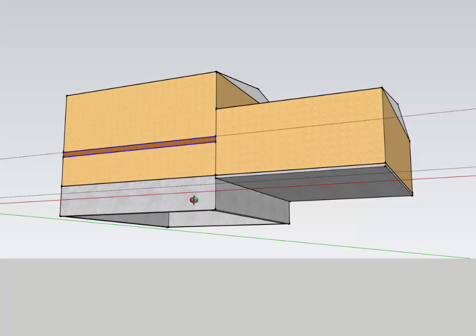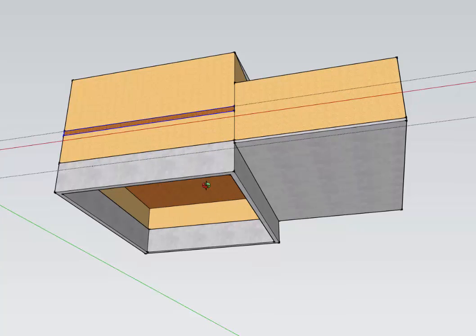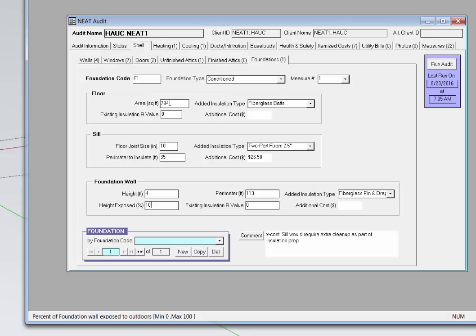It knows that there's a certain amount of heat loss through that surface of the house. Well, when you enter in a foundation that's like an unfinished basement or a crawl space, a crawl space is a great example, because you're basically telling the audit, do I want to insulate the floor above or do I want to insulate the walls? And you tell the audit the surface area. Well, when the audit is calculating the total heat loss, it goes to that section and says, since the ceiling of this foundation is 794 square feet, it stands to reason that the floor of the foundation is the same area.